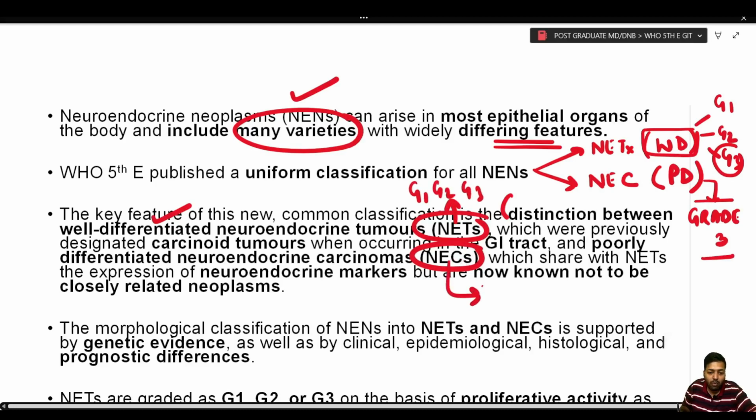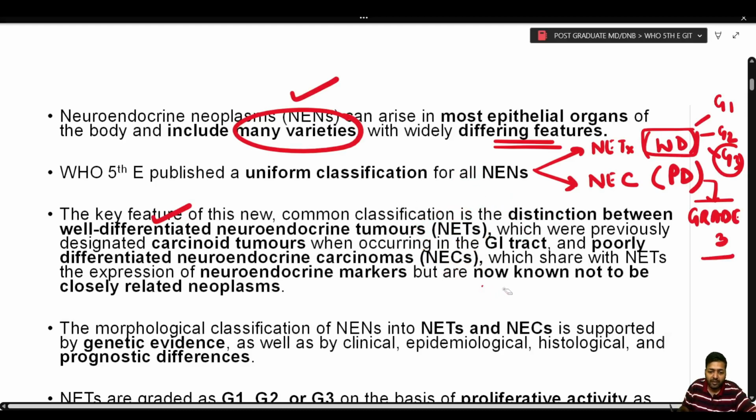There is no requirement of grading for neuroendocrine carcinoma because by default all of them are grade 3 and high grade tumors. The basic change is that previously the grade 3 neuroendocrine tumor and neuroendocrine carcinomas were supposed to be synonymous or similar to each other, but now it has been seen that there is a lot of difference between them. More will be clear in the later half of the video, so stay tuned with me.